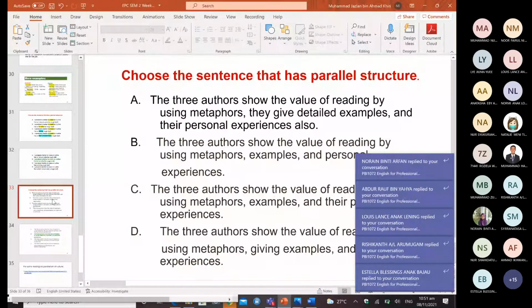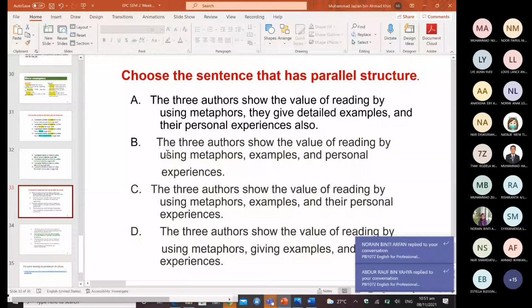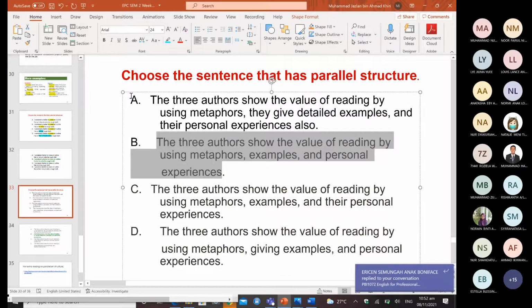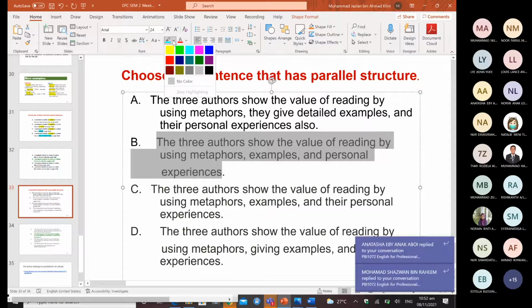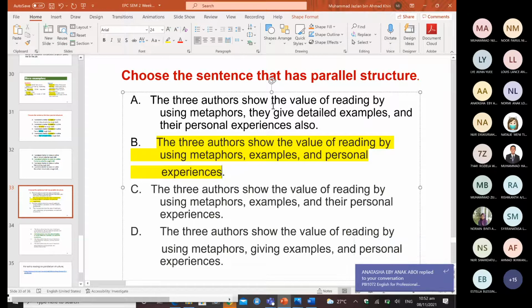All right, everyone. The correct answer here is, of course, B again. If you compare all the answers here, B only says "using metaphors, examples, and personal experiences."